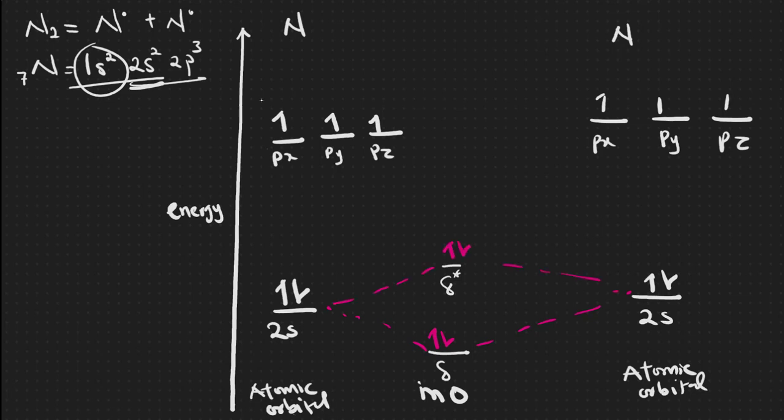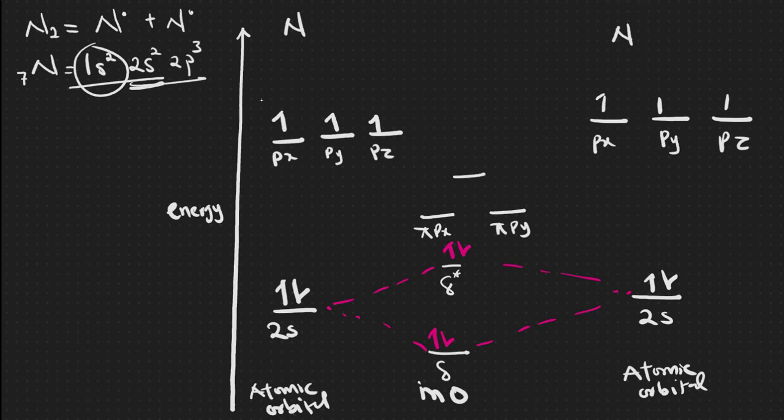Then for this one here, we know that there are 3 orbitals from each of them, the px, py, and pz. In this case, we are going to have pi and sigma bonds. So we have 2 pi bonds here, right? So this is the pi px, and we have the pi py.